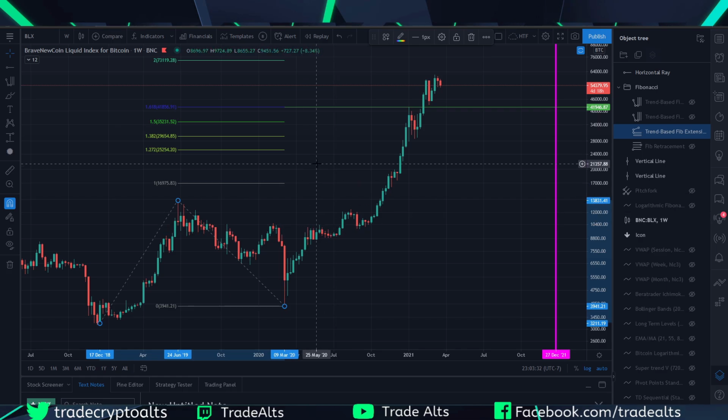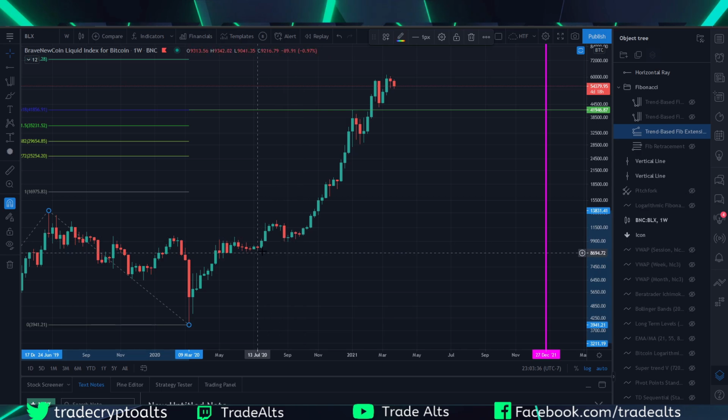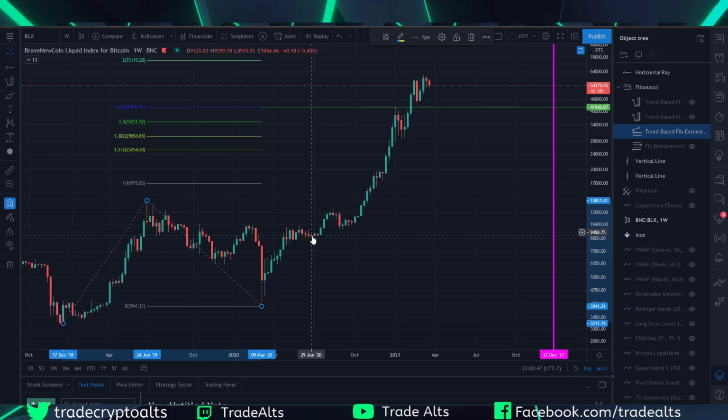So there's your 1.618. Look at that. It literally caught basically the perfect top of this very large impulsive move. Caught it very nicely right up to the top. So that was obviously really big resistance.